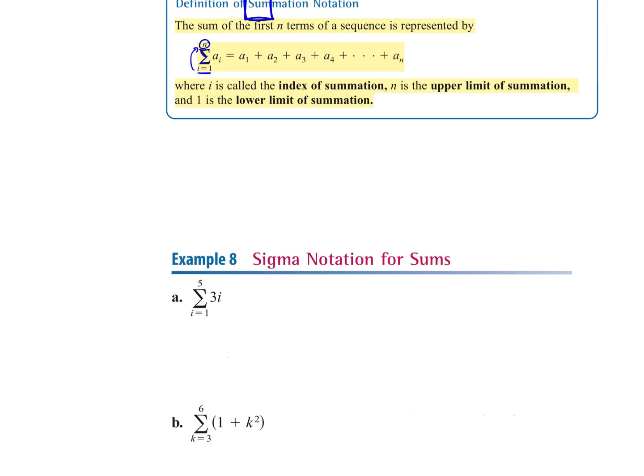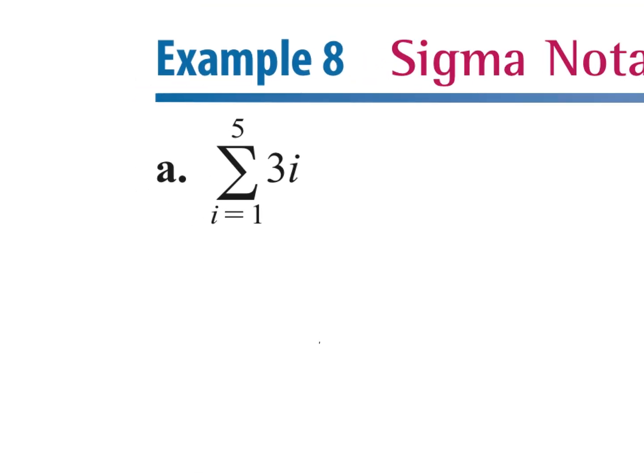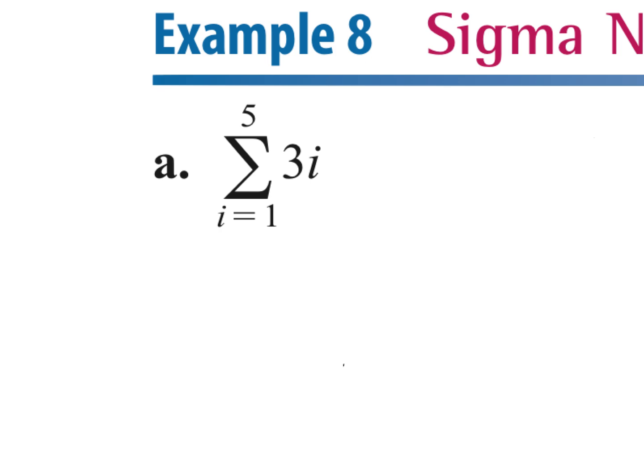So let's do A. I want to start with my lower limit 1. I'm going to plug 1 into my I. When we plug in 1, we have 3 times 1, which would be 3. I'm going to plug in 1 all the way up until I get to my upper limit, which is 5.